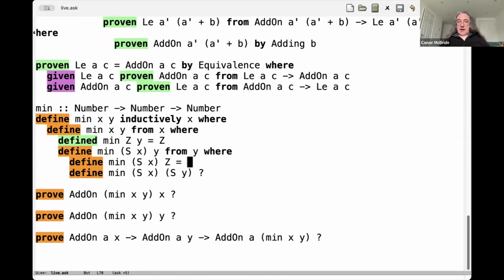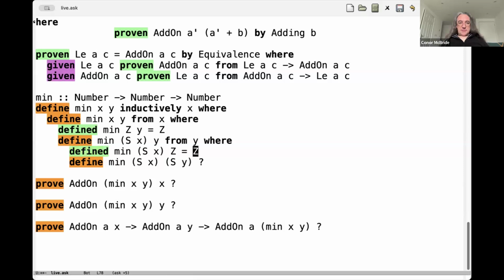And if our second input is 0, the minimum is 0. Otherwise, both our numbers are at least 1, so the minimum is at least 1. And then we can figure out what the rest is by recursively computing the minimum.